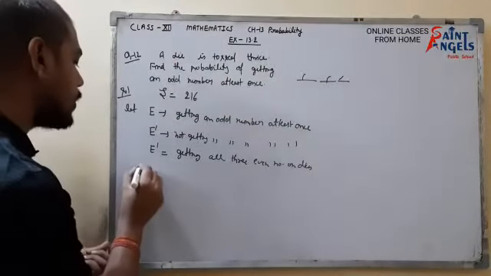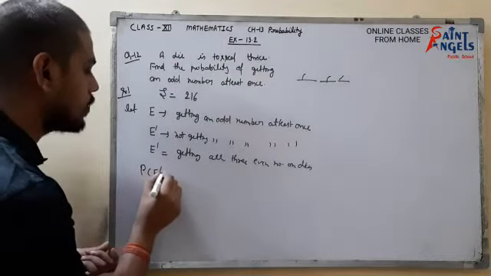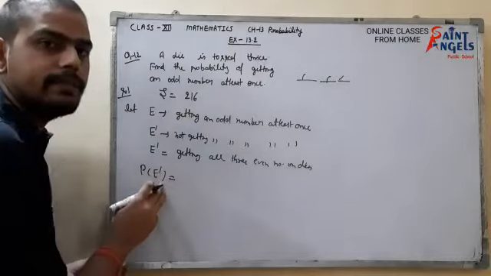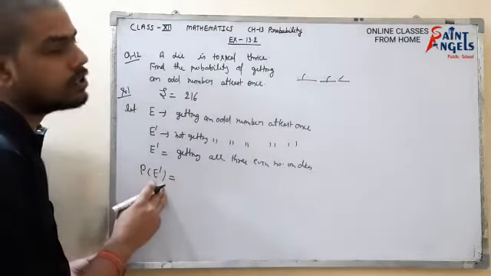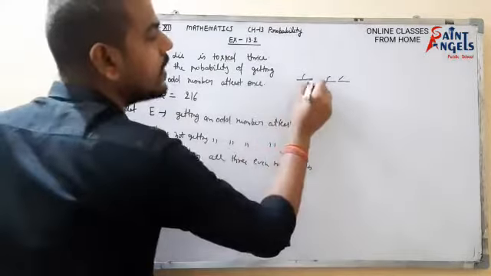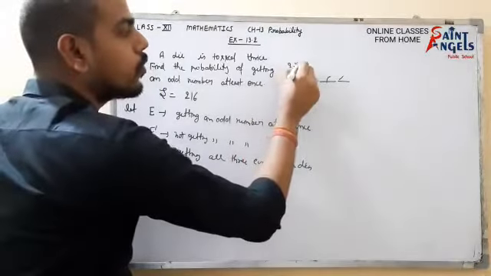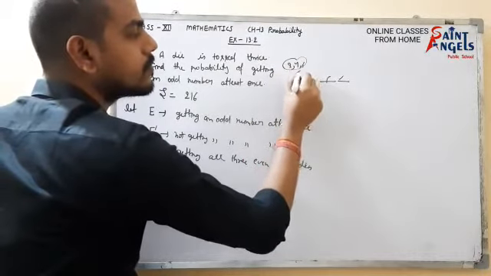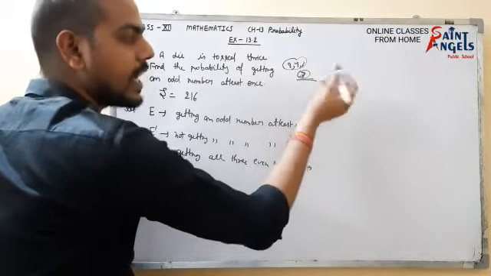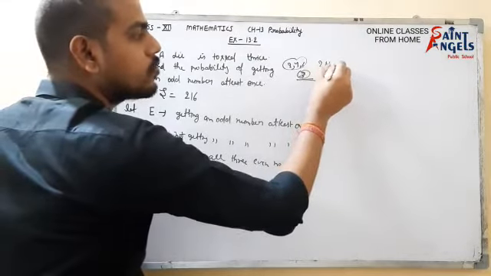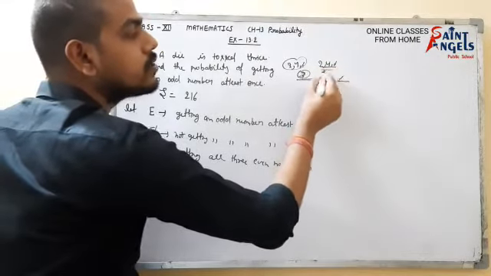So the probability of E dash means the probability of getting even numbers on the 3 dice. On the first die there could be 2, 4 or 6, so there are 3 ways. On the second die also, out of 2, 4, 6 anything could come, so there are also three ways.